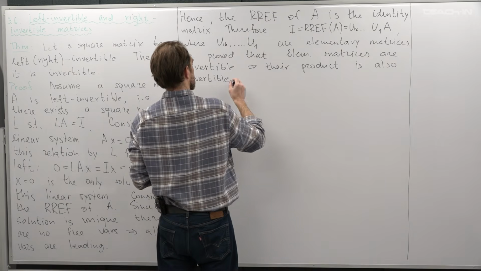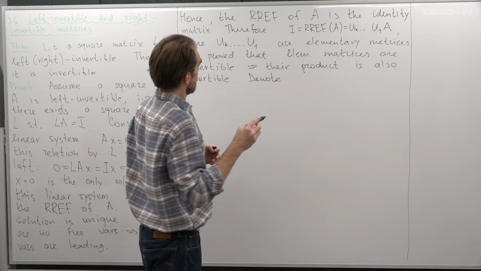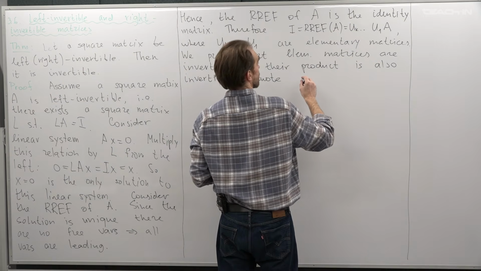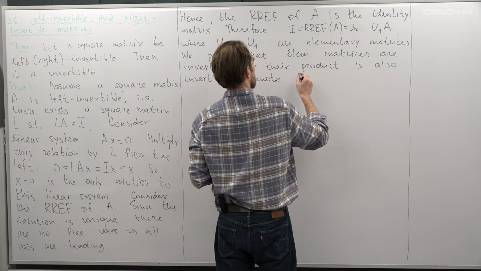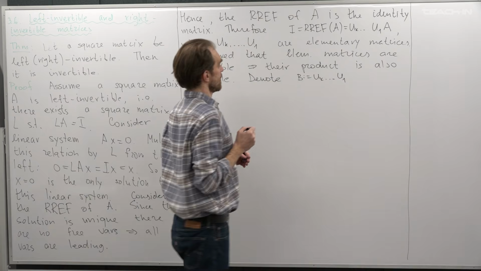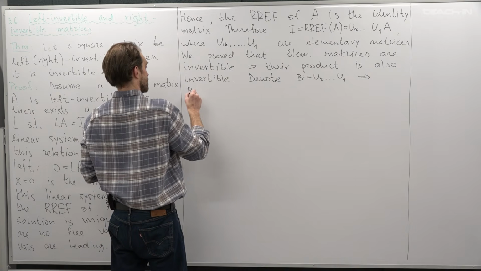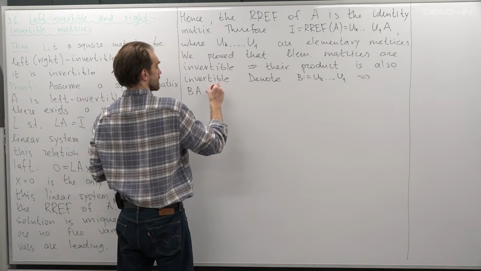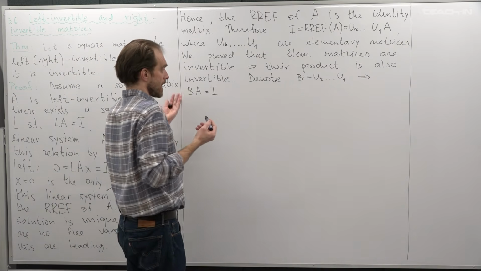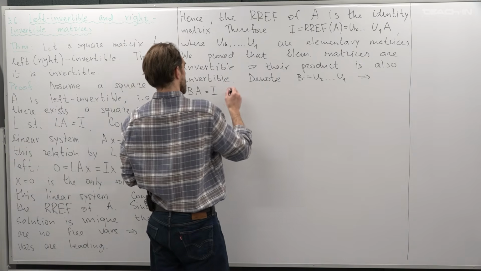Denote their product by B. And so we see that B multiplied by A gives the identity. Since B is invertible, A is its inverse, and so A is also invertible.